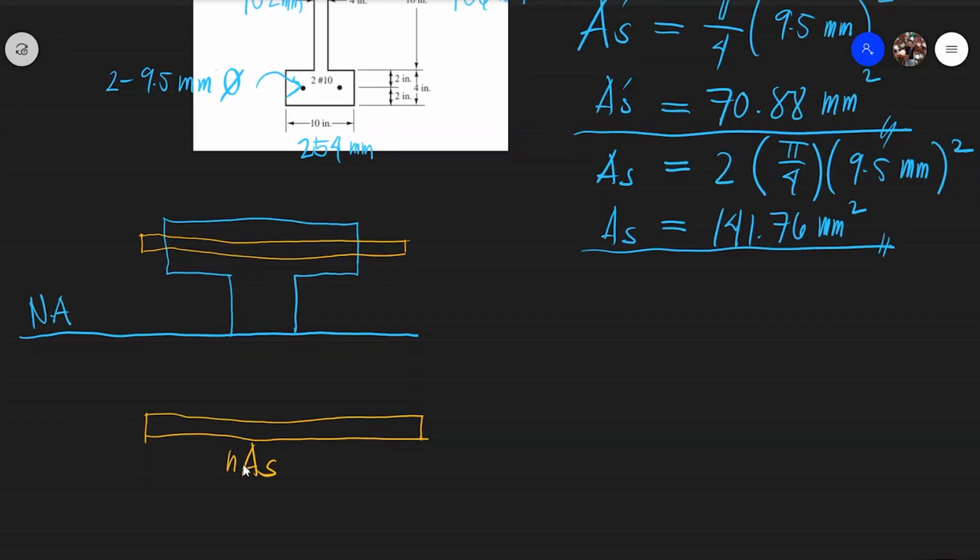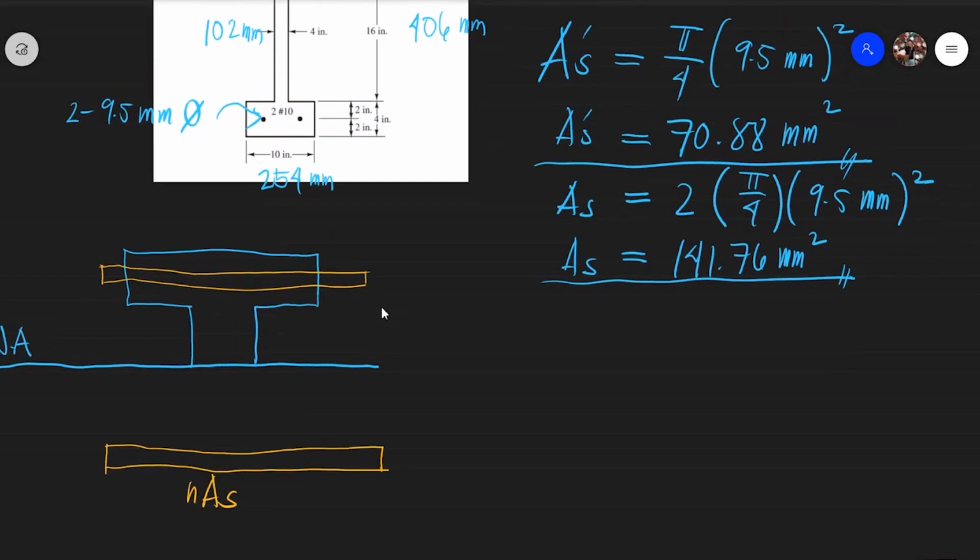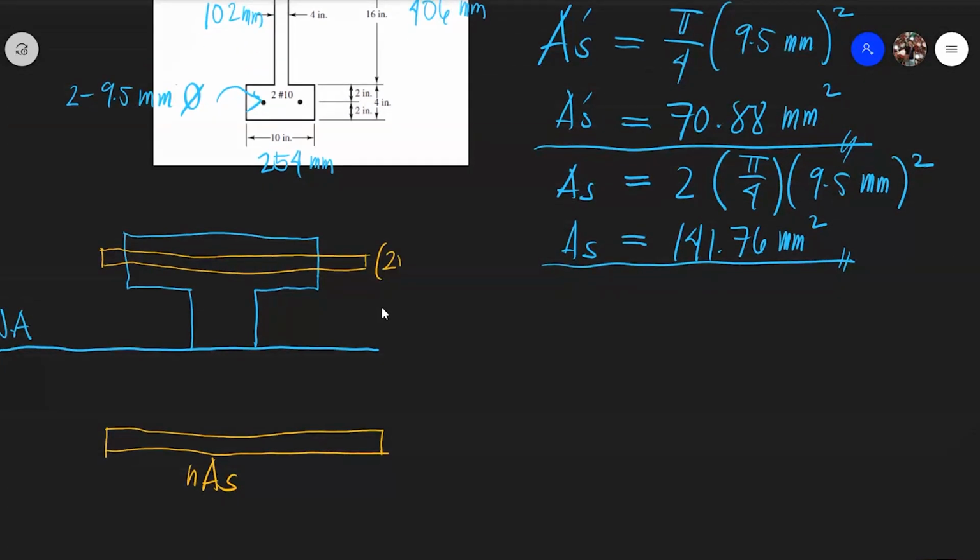And this other one is equal to 2N minus 1 multiplied by AS prime.